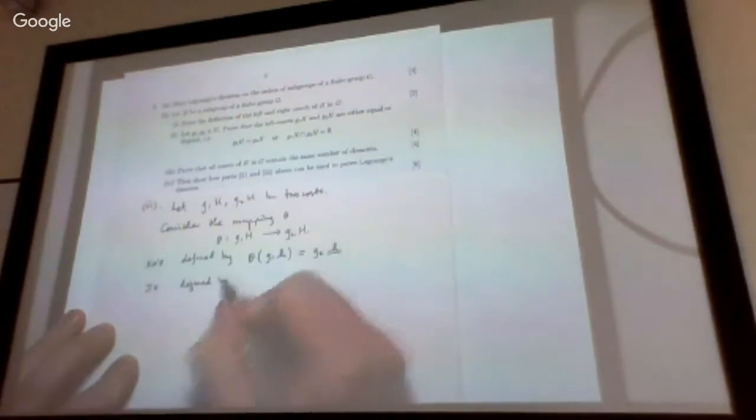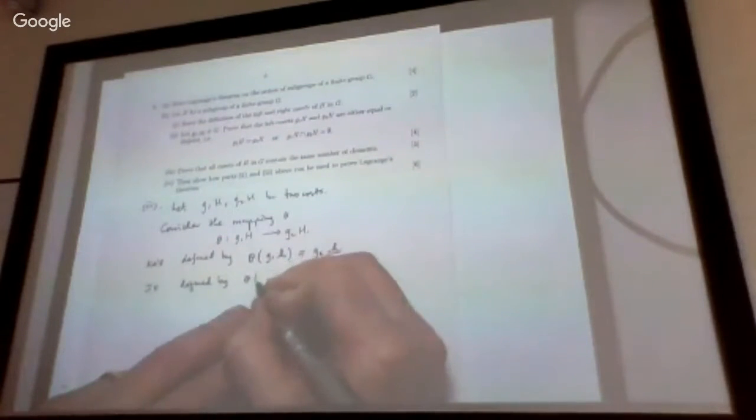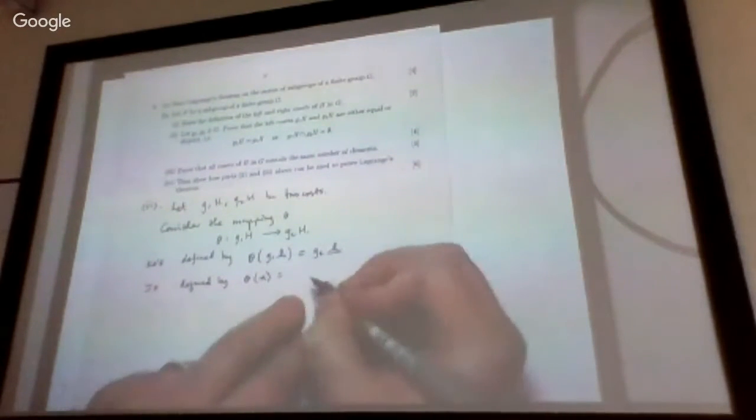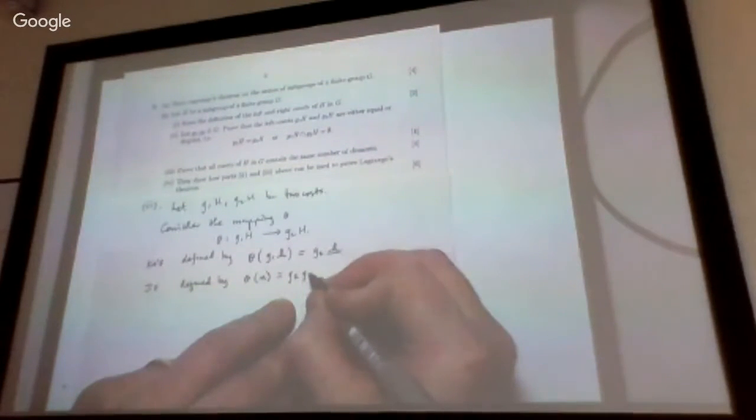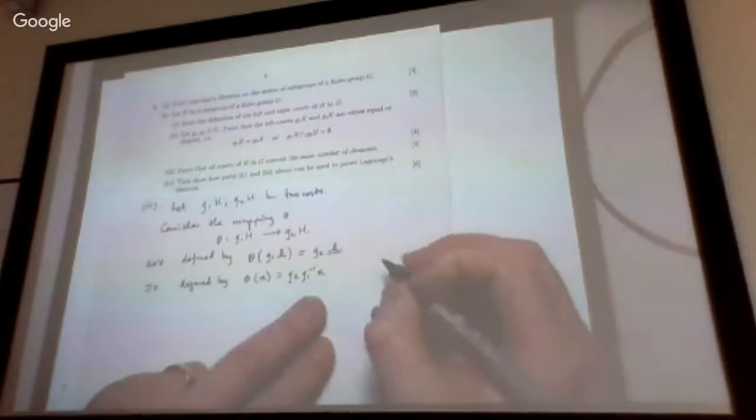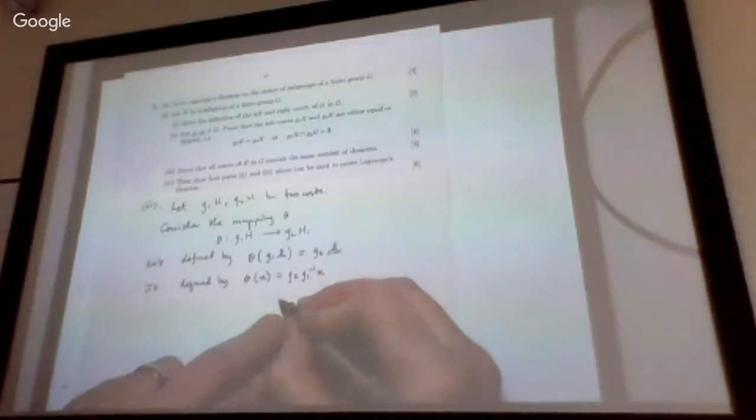So you would say, defined by theta of x equals g2 g1 inverse x. Now, at least it's clear in my version that it's well defined.